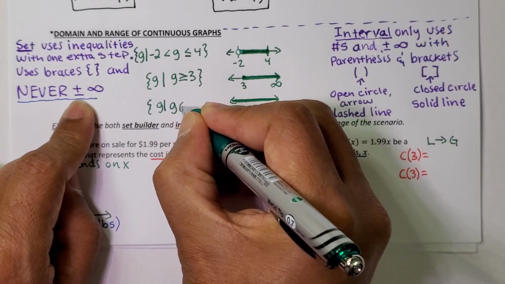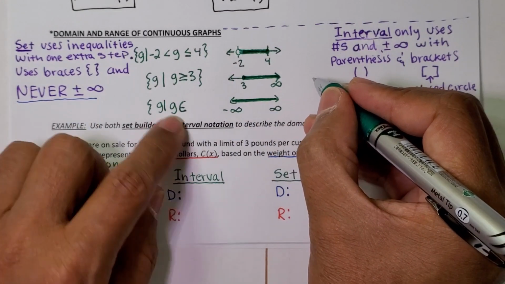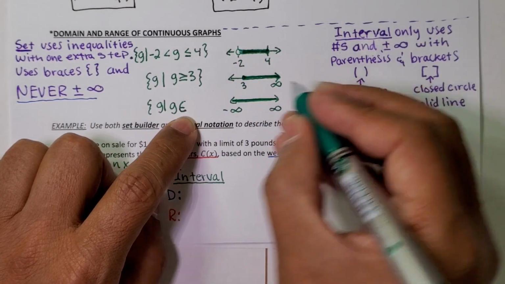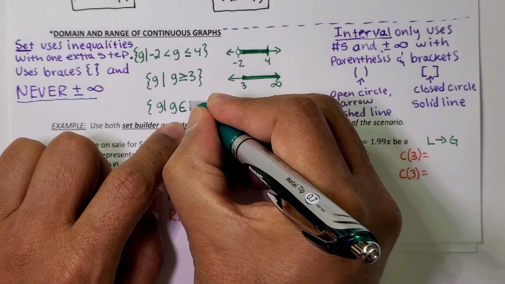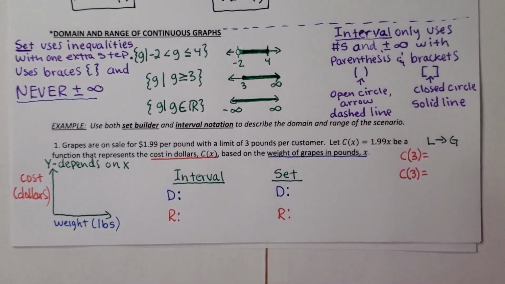This looks like an E, but it's actually the epsilon Greek letter. This just says G is an element of, what is G an element of? If this goes to positive and negative infinity, that means it's an element of all the real numbers. So all the numbers you can think of, positives, negatives, fractions, decimals, square roots, and other numbers that you're going to learn in this course.